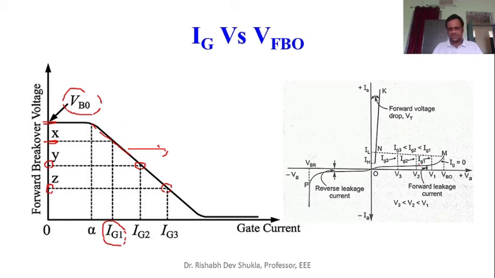If you increase the gate current, your turn on is possible before you reach the breakover side. That means it can start conducting at lower voltages.